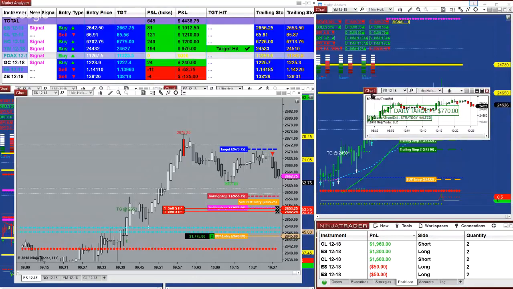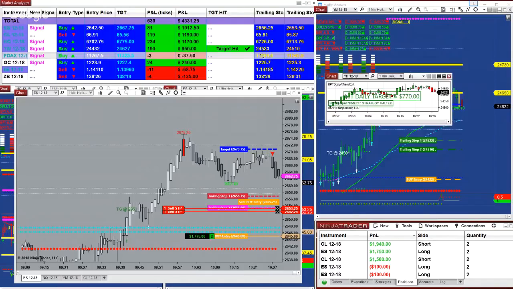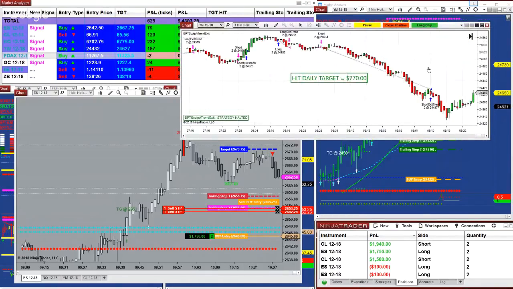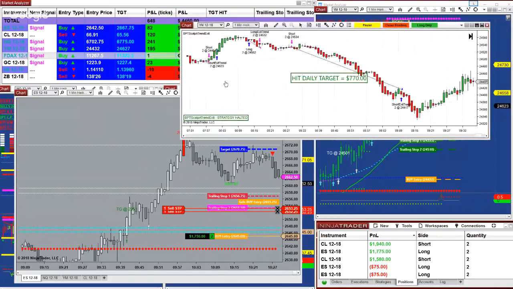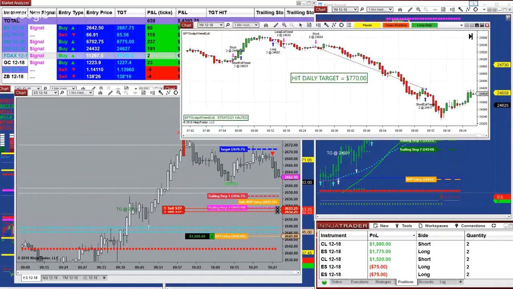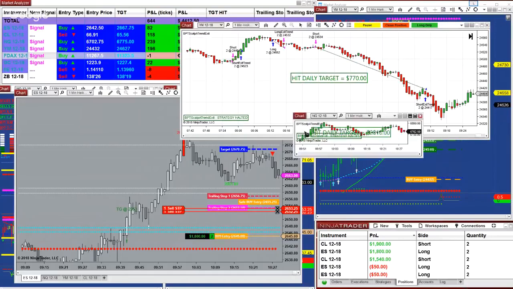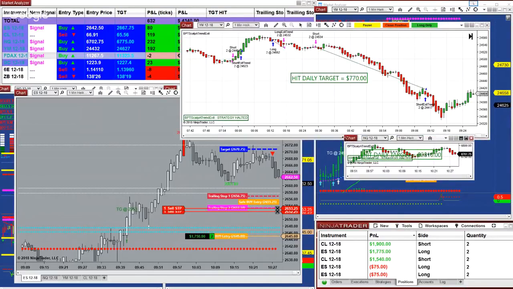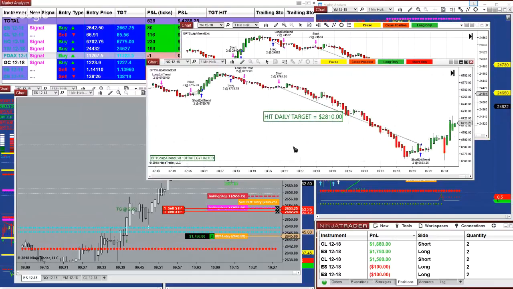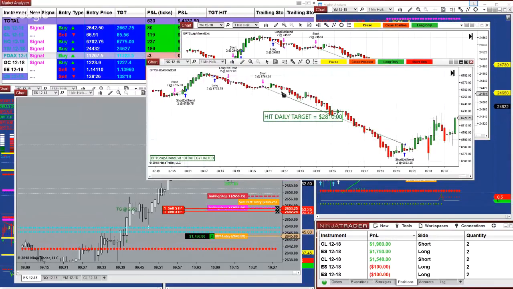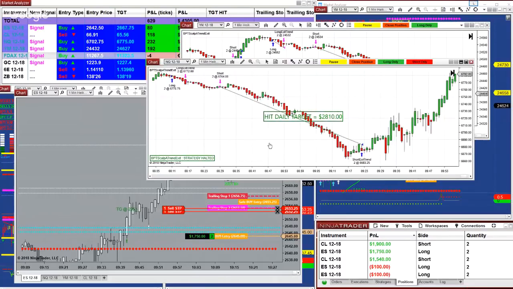Already hit the target. This is a little chop on it, two, three trades. And this is the NASDAQ. NASDAQ did very well on that last trade, 28.10.